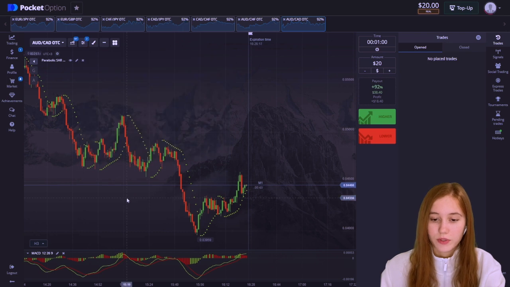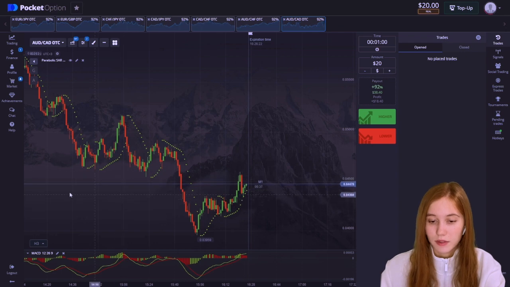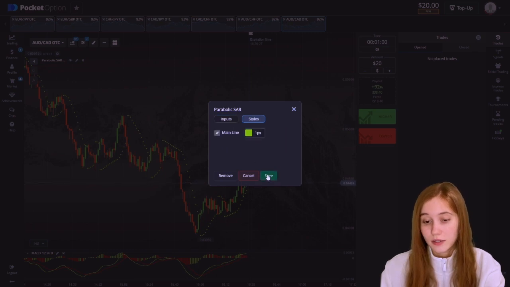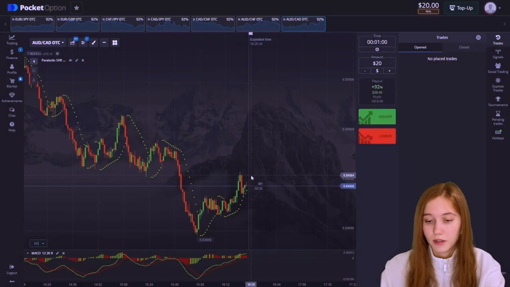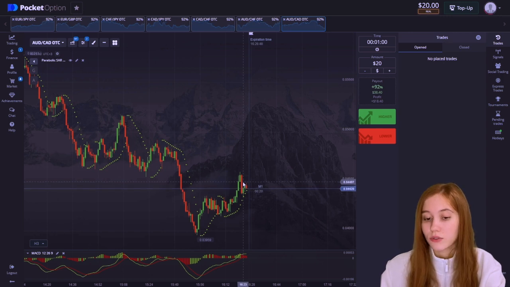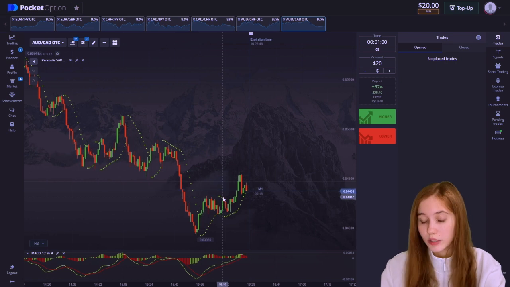So let's first talk about Parabolic. The settings of this indicator. So it's located on our chart. Parabolic, this indicator seeks to recognize the right moments when to close the current position and open a new position.